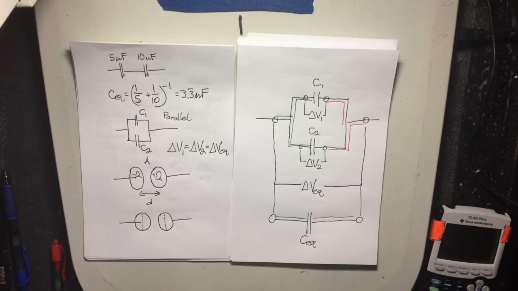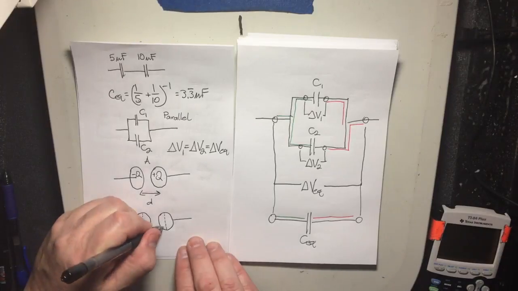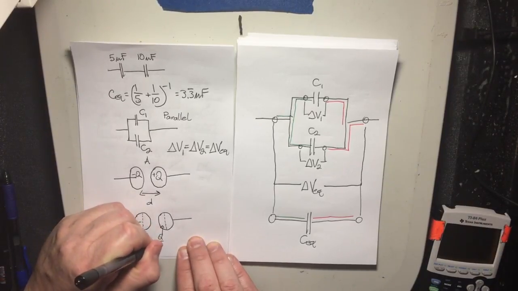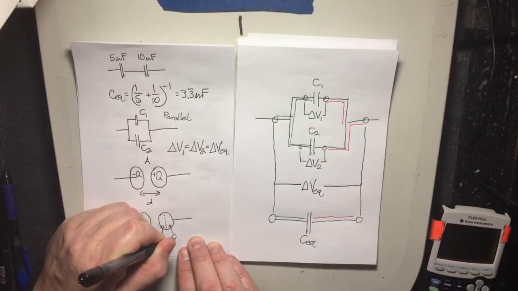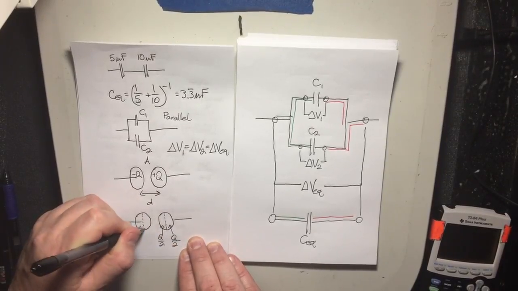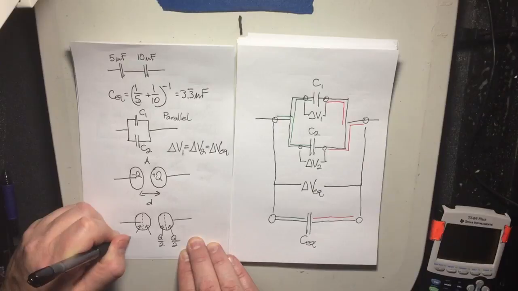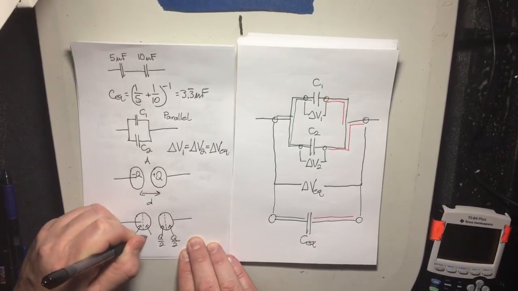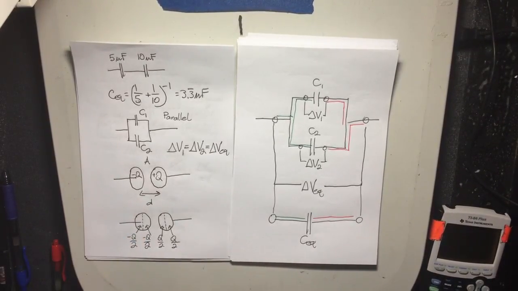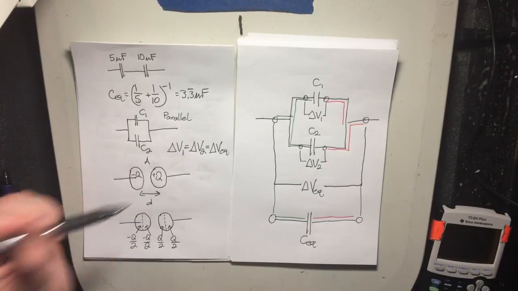What would be the amount of charge on each of these plates? Q over 2. So there would be a negative Q over 2, 2 sections, and two Q over 2s on the other. So these effectively add up to this.